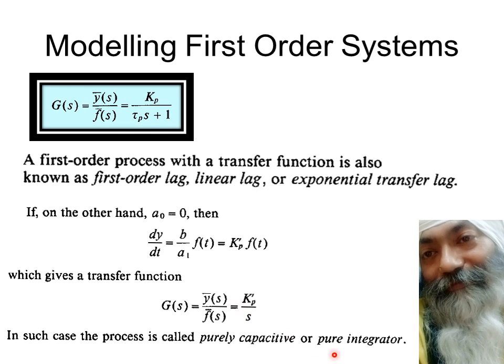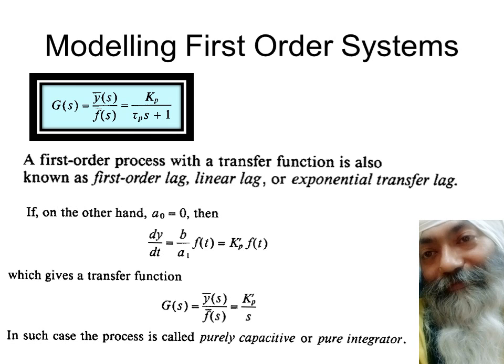That's why it is also called pure integrator. We will see the dynamic response once again, but right now you can say that these kinds of terms are known as pure capacitive. These are processes where you do not have any tau p, and the response is given by this, specifically where a naught is equal to 0. They are called pure capacitive, or pure integrators.